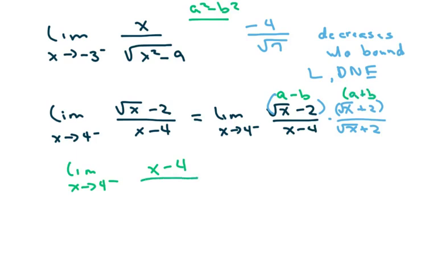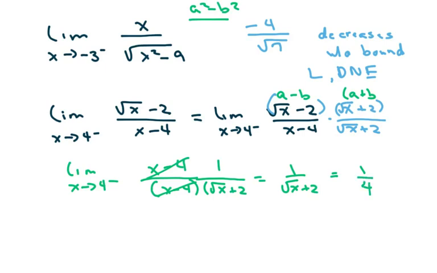And the denominator is going to be x minus 4 times the square root of x plus 2. Now this cancels, so you get 1 over square root of x plus 2. You plug in 4, that's going to equal 1/4. So square root of 4 is 2. 2 plus 2 would give you the 4.